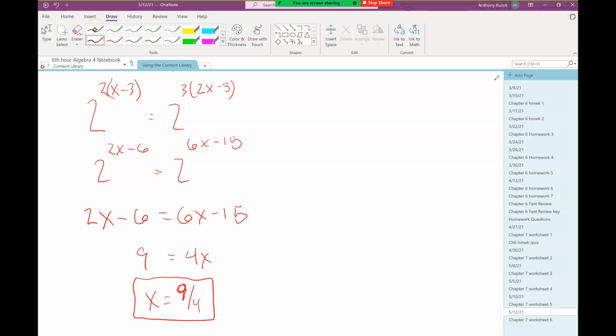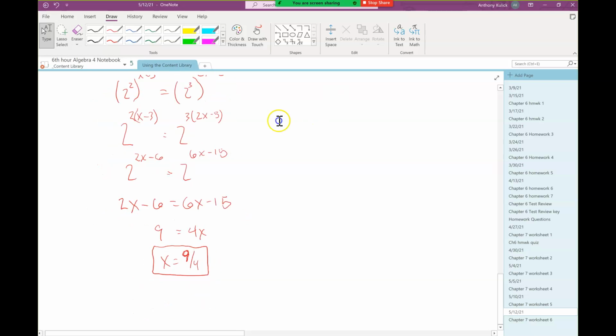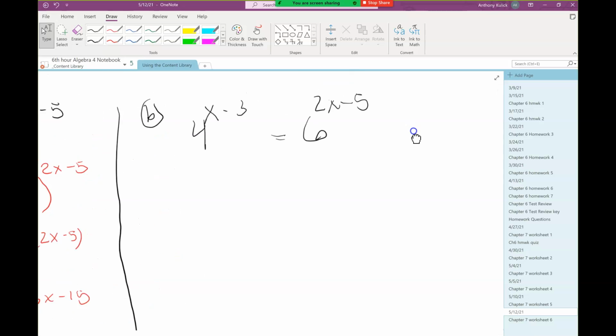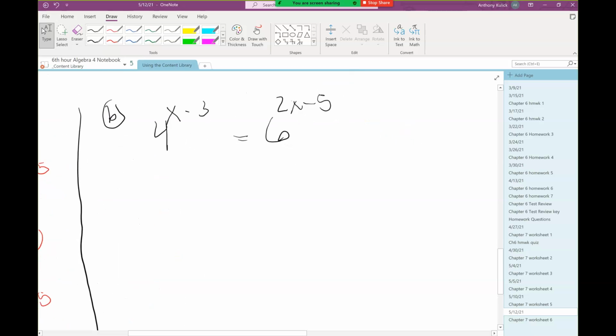Okay. So that one's fine, right? No big deal. The natural next question should be, okay, Mr. Kulik, but what if I have 2 exponentials that are equal, and I can't, at least in an obvious way, rewrite these so that they have the same exponent base?